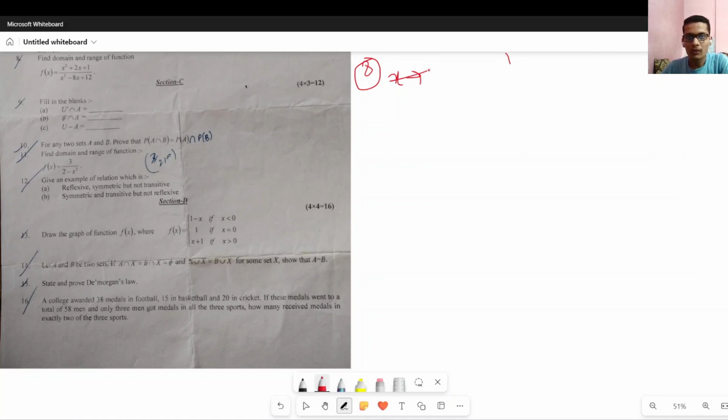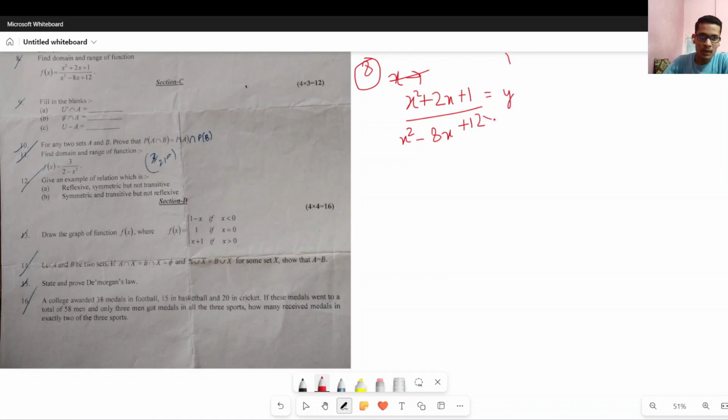How do we find the range of a question like this? x square plus 2x plus 1 upon x square minus 8x plus 12. Okay, let's just take it as y.